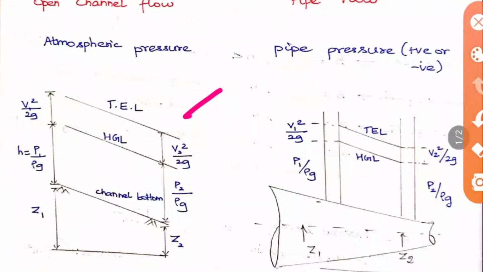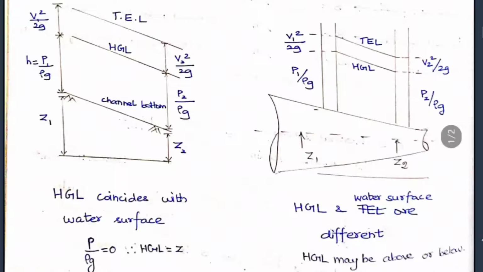But there is an important point to be noted here. The basic difference is that the HGL in the open channel flow coincides with the water surface. How? We know that HGL is nothing but pressure head plus datum head. What is pressure head? It is P by rho g. But the fluid flowing in this open channel is at atmospheric pressure, so P will be equal to 0.